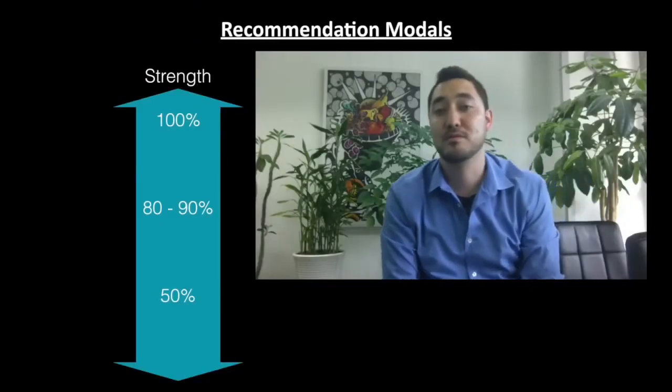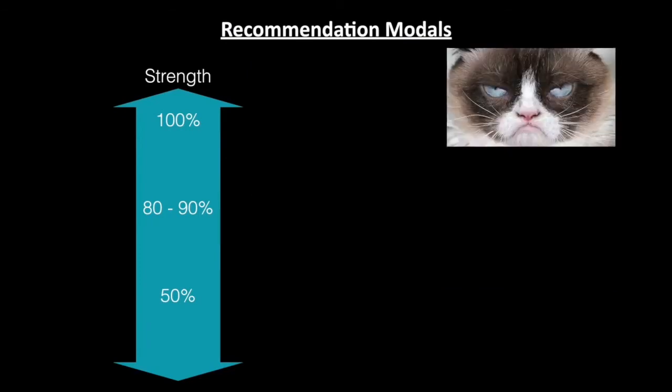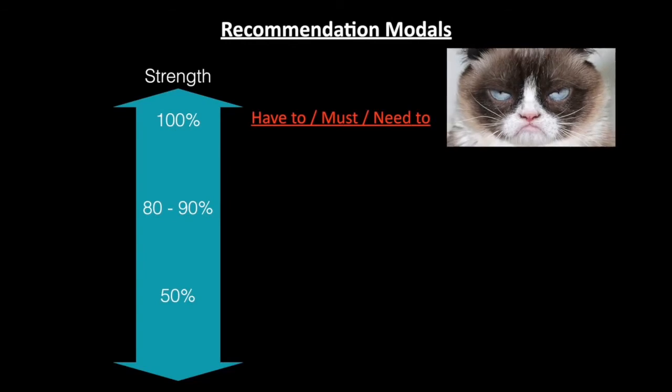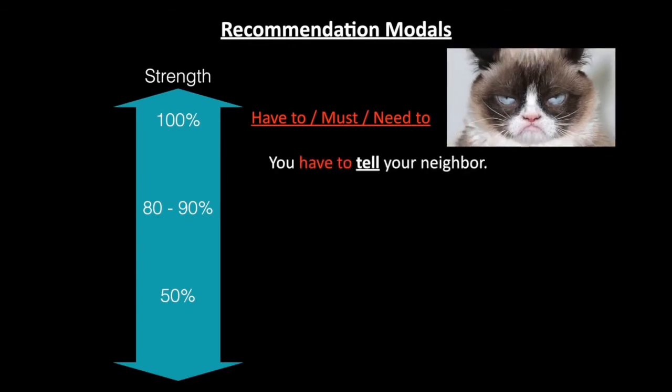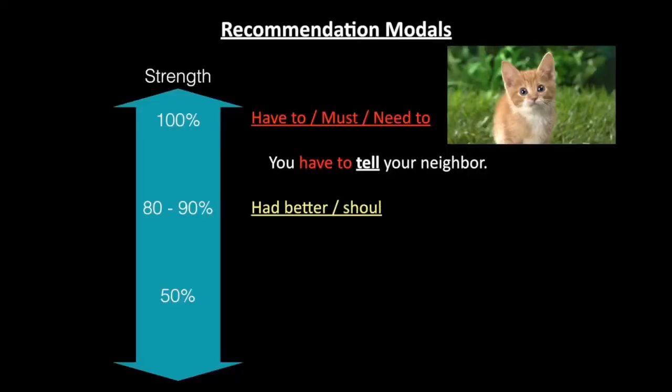Here are the modals of recommendation that were just used in the dialogue that you saw. When we want to recommend something to someone, then we can use some stronger modals like have to, must, and need to. The speaker is giving a very, very strong recommendation. Had better or should is a little bit of a weaker recommendation, but still quite strong at 80 or 90%.